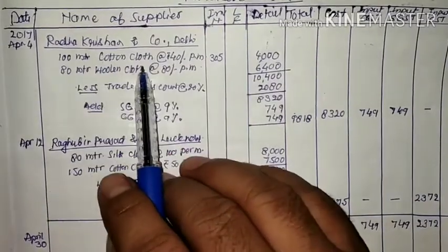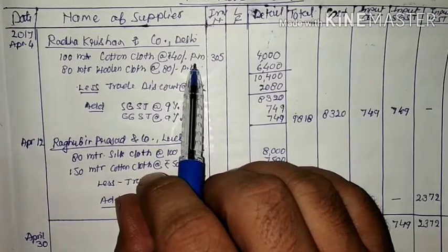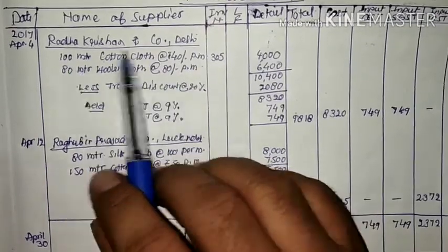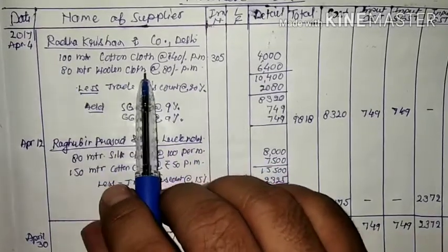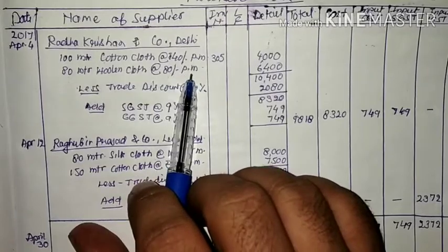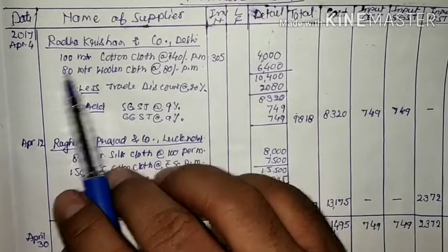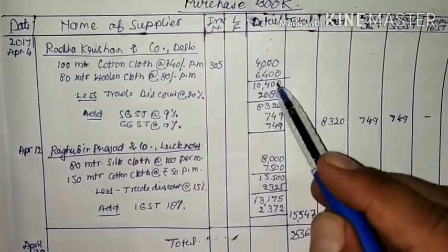So 100 meter cotton cloth at the rate of 40 rupees per meter, it becomes 100 into 40, 4000 rupees. And 80 meter woolen cloth at the rate of 80 rupees per meter. So 80 into 80, 8 eights are 64, and 00, 6400.